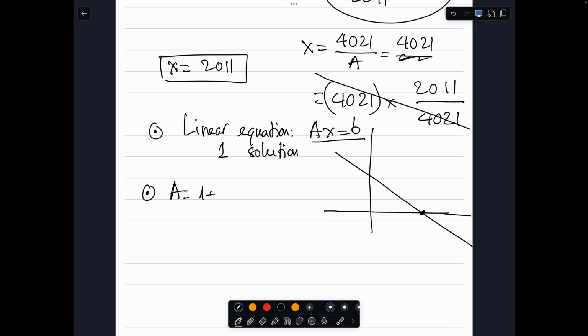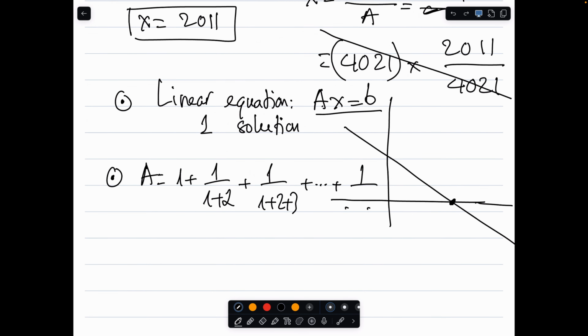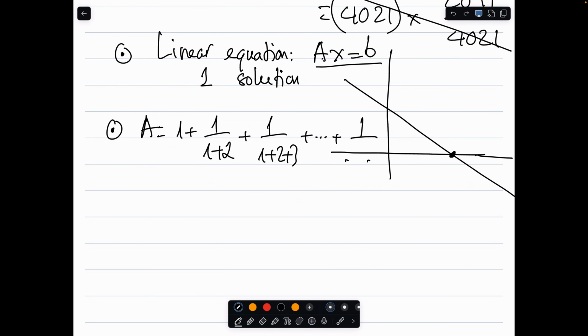It's 1 plus 1 over 2 plus 1 over 2 plus 3 plus, up to complicated. Okay, because if a is just from here to here, then it's like humiliating you, right? So they have to challenge you.